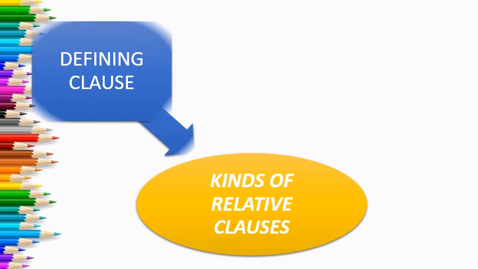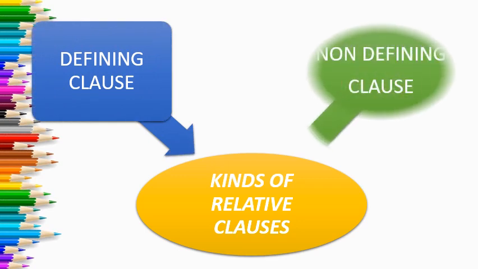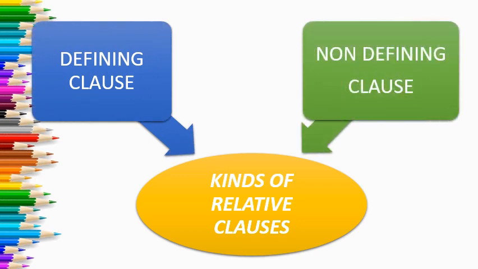Number 1, defining relative clause. Number 2, non-defining relative clause. So there are two kinds of relative clauses, defining and non-defining. We shall read about these two kinds of relative clauses in the next video, or you can say next lecture, along with adverb clauses.